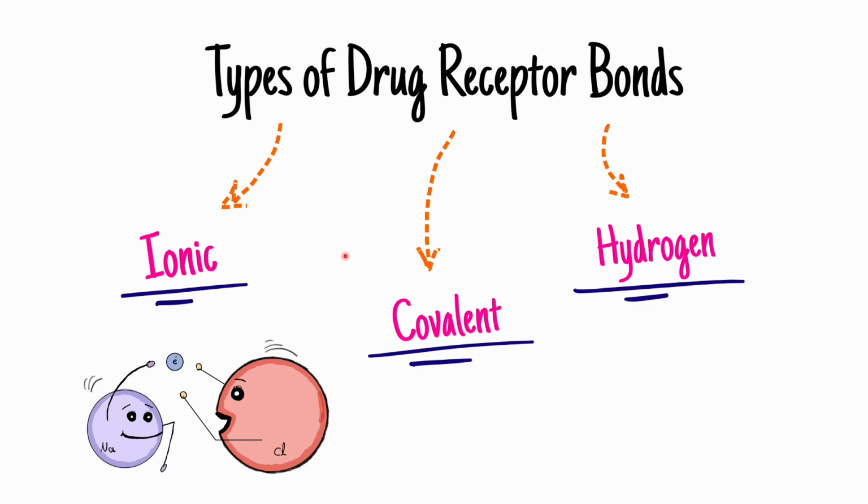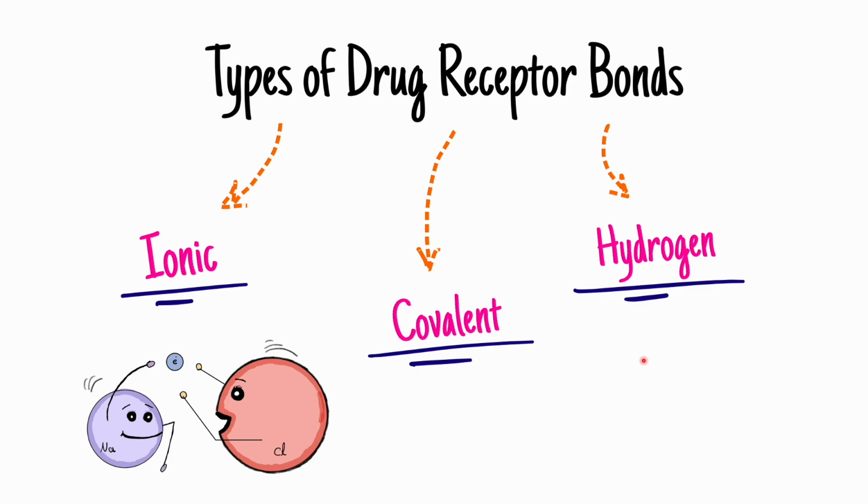And what is hydrogen bond? For example, a drug has a hydrogen ion, and the receptor has oxygen or nitrogen or hydrogen. And a bond between hydrogen and hydrogen, oxygen, hydrogen, and nitrogen is called a hydrogen bond. And as you know from biochemistry, hydrogen bond is a strong bond.